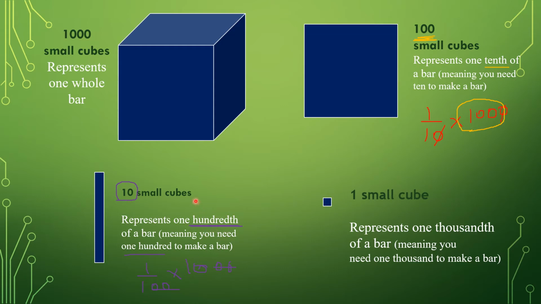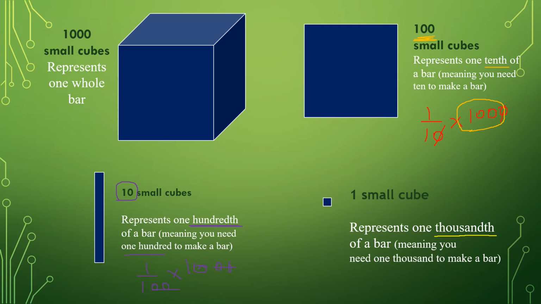So whenever in a question we have this, we will take it as the whole part, this we will take as the 10th part, this we will take as the 100th part, and whenever there is a small block, we will represent it as the 1000th part.